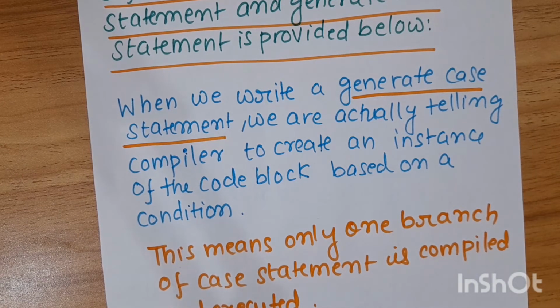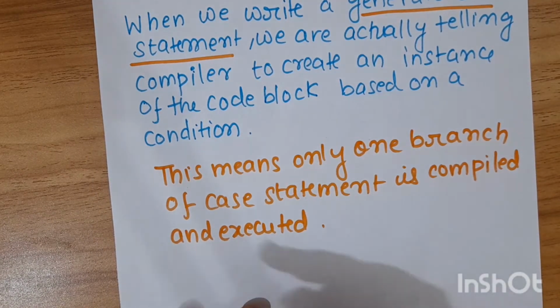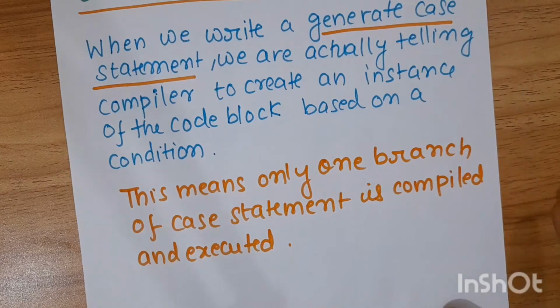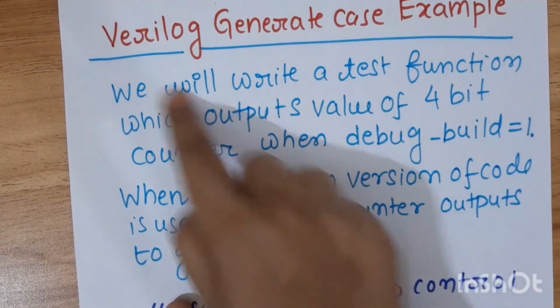If it is value 2, execute the other piece. If it is not value 1 or 2, then execute the default piece of code. This means that only one branch of the case statement is compiled and executed. So I will show a Verilog generate case example.